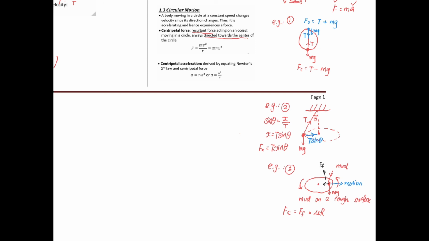For example, let's say our formula is mv square over r and mr omega square, and at the same time, we also know it can be T minus mg at this position, and then we can form an equation like this.